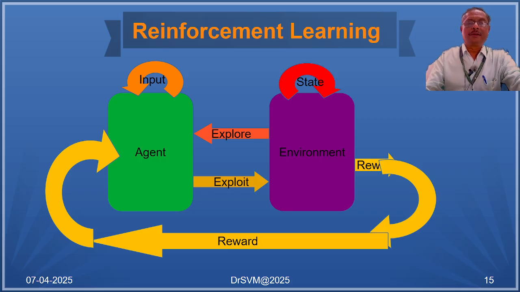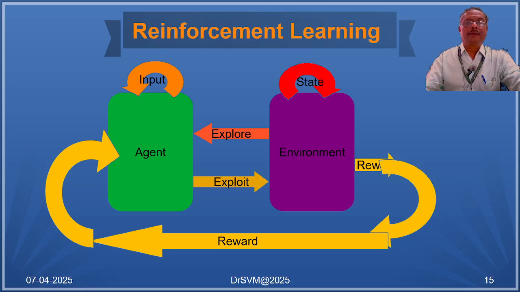And this closed loop system will make the agent know what type of actions produced positive rewards and what type of actions produced negative rewards.